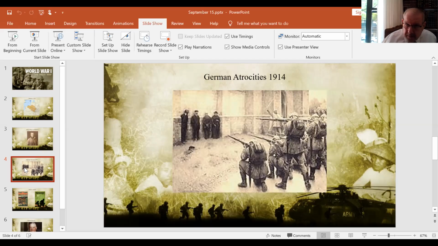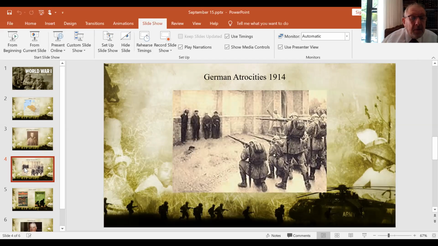There were injuries and accidents along the way, accounting for another few thousand, and then of course many died of disease. And then some just disappeared. They went missing, and they were not accounted for ever later on. So the initial phase of World War I, the real victim was Belgium and its citizens.